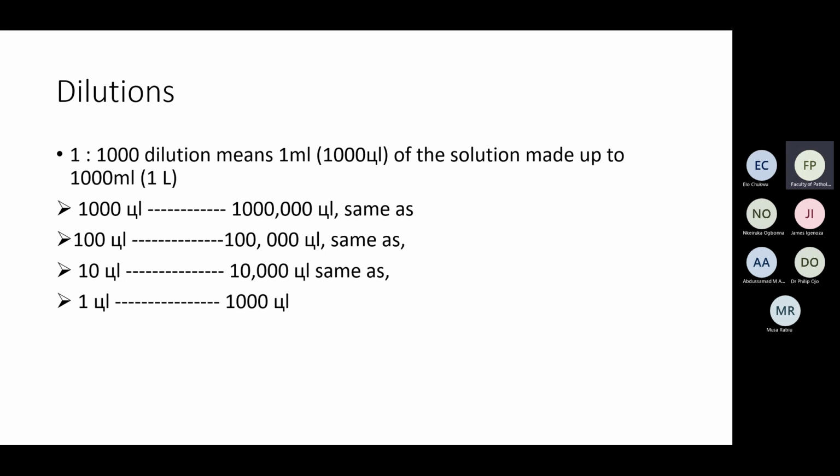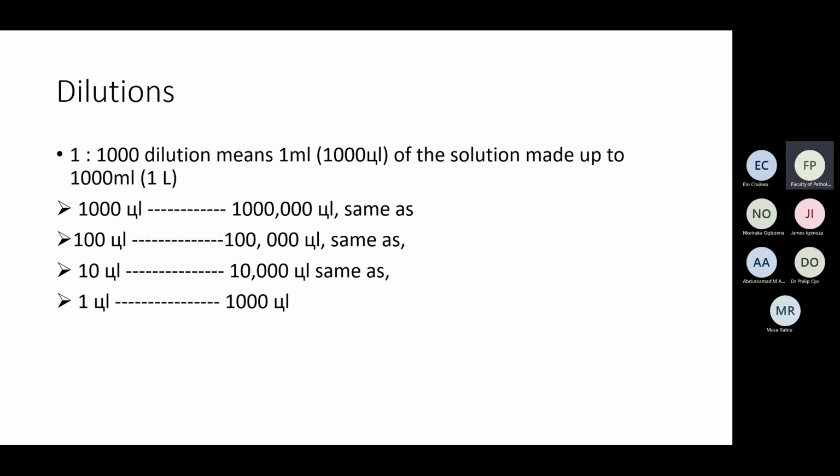You take 1 ml to 1,000 ml, which means 1 ml is the same thing as 1,000 microliters. It means that you take 1 ml, which is 1,000 microliters, into 1 million microliters. That is into 1 liter.